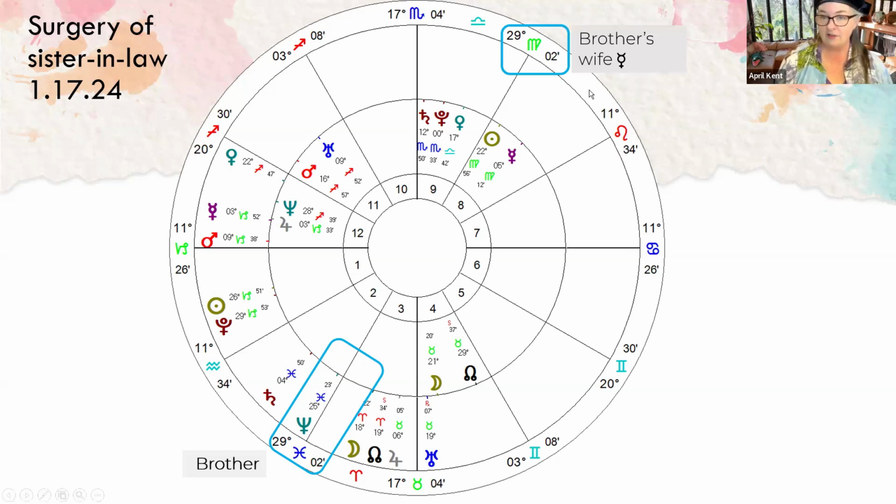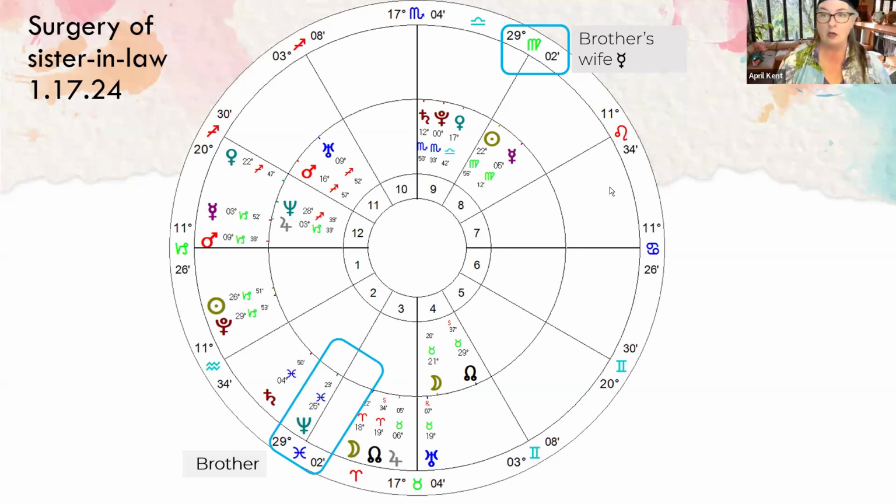His wife is, of course, the opposite house, the 9th. So we go 1, 2, 3, 4, 5, 6, 7. And that has got 29 Virgo, which is ruled by Mercury. So that is going to tell us a lot of the story of what's going on with this surgery.